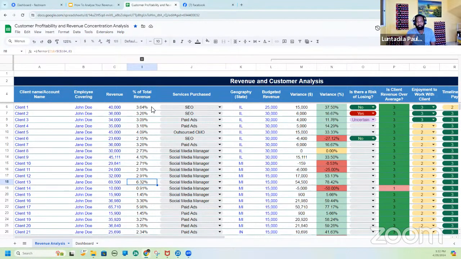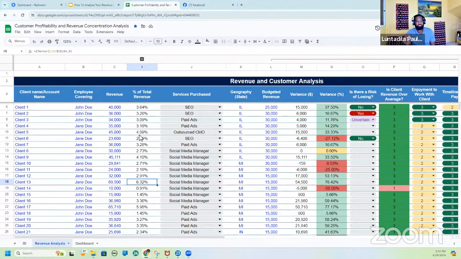But that information is incomplete. Just knowing the amount of revenue a given client brings to the firm is not a good measure to determine whether or not the work with that client is actually profitable.